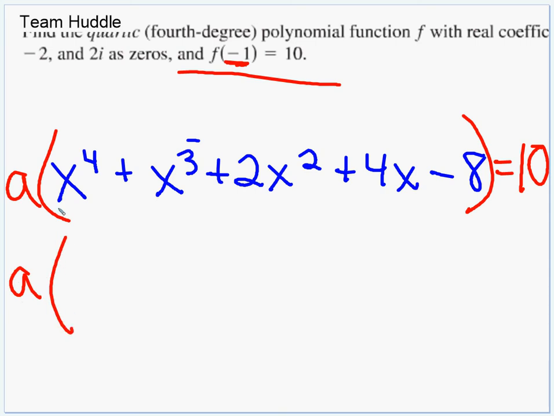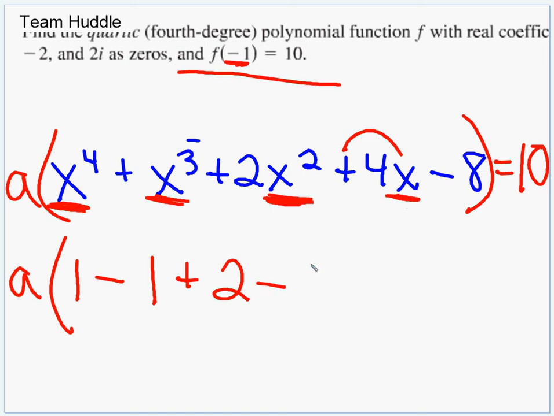So here, this -1 to the 4th will just turn into a 1. This -1 to the 3rd, the negative will escape, so that'll be a minus 1. Here, the -1 will square away. Times 2 is 2. This -1 will change that to a minus 1. And then we just have a minus 8, and that's equal to 10.